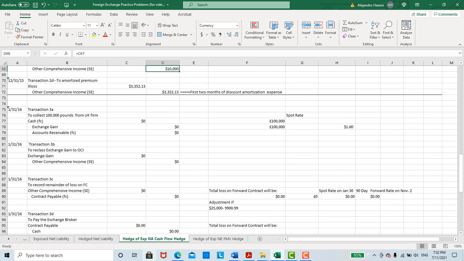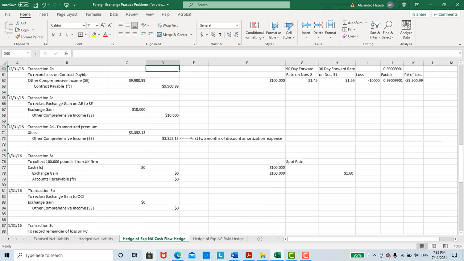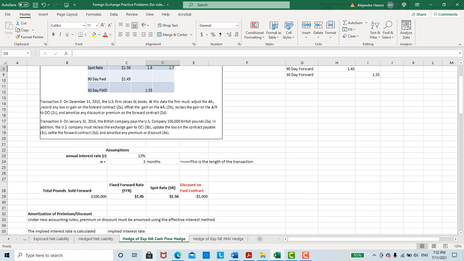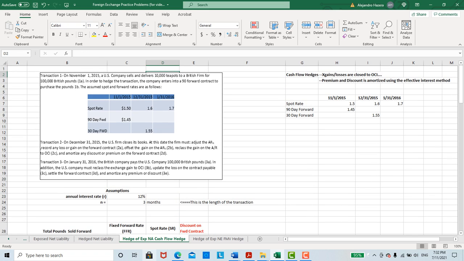But what's going to happen is that you are now going to collect the British pounds from the British firm, because you sold them 100,000 pounds worth of tea kettles or whatever. You're going to take that to the exchange broker, and the exchange broker is going to collect those and give you back the fixed forward rate of $1.45 on those British pounds.